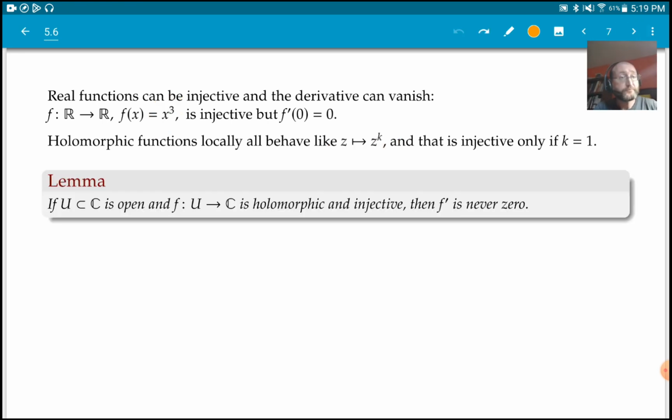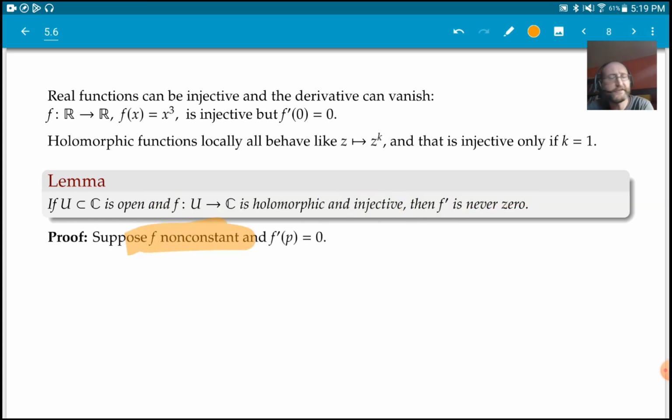All right, so let's prove this fact: if we have a holomorphic injective function, then the derivative is never 0. Let's start with a non-constant f, and suppose the derivative is 0 somewhere.